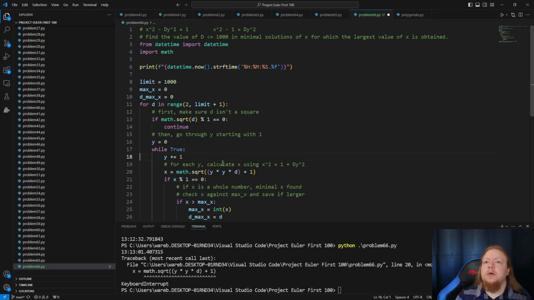So for d equal to 13 and y equal to 100. 100 times 100 is 10,000 times 13 would be 130,000. So 130,001.